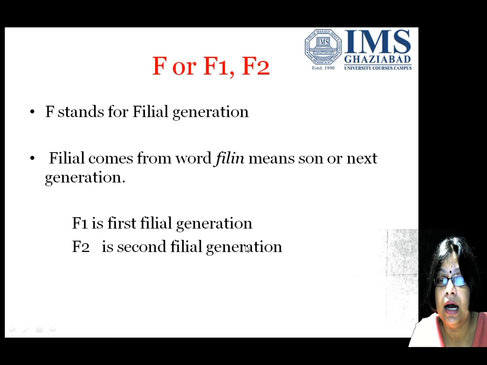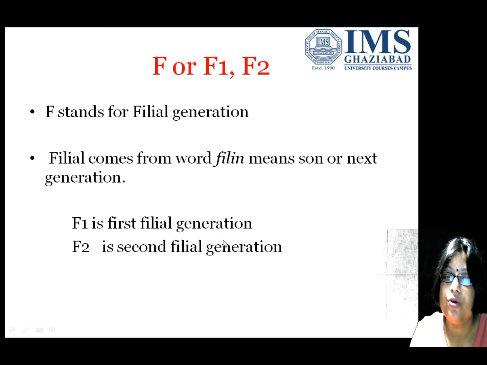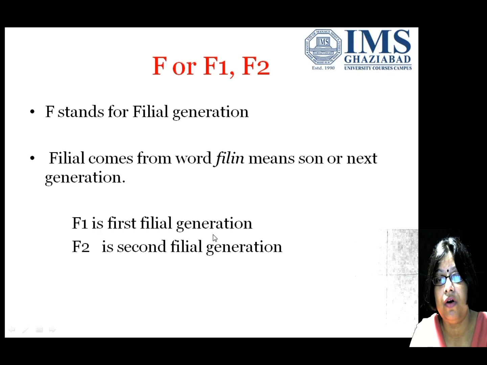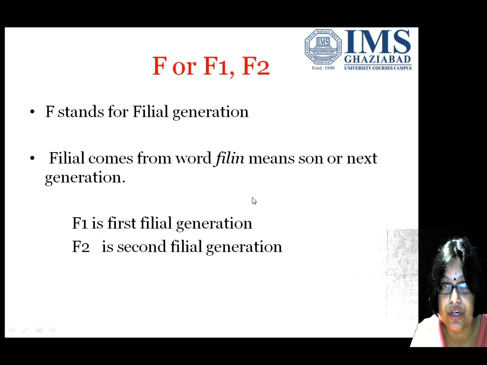In the same way, we can proceed to F3, F4 and so on, as far as we carry the experiment. So F stands for the filial generation or the next generation.